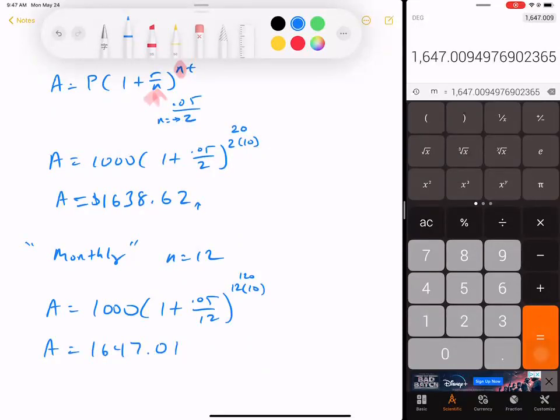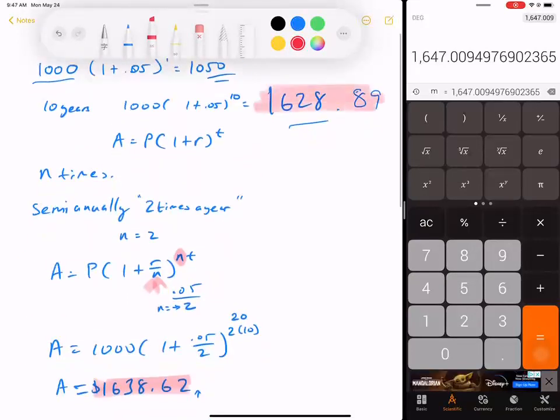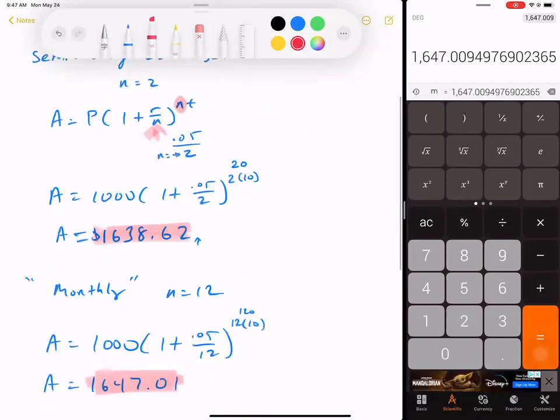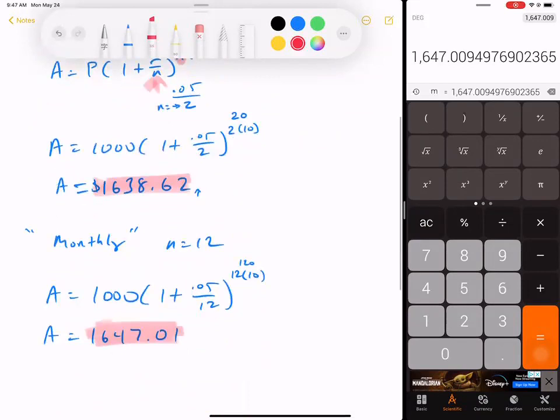Is that much of a difference? No, between me paying you once every 6 months, or once every month, versus once every year. Sure, versus once every year, you made an extra almost $20, didn't you? From 1628 to 1647.